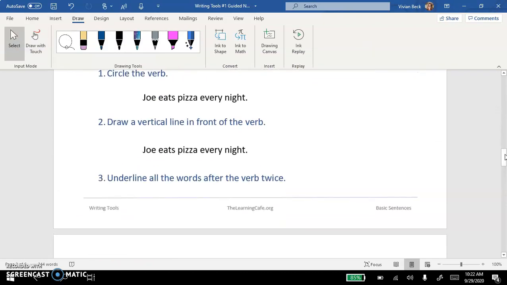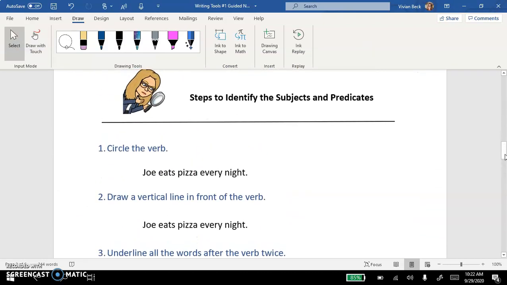So here are the steps in identifying the subjects and the predicates. First, we need to identify the verb, and we did that by circling it. This is the verb, or the simple predicate. And I'm just going to put SP for simple predicate.